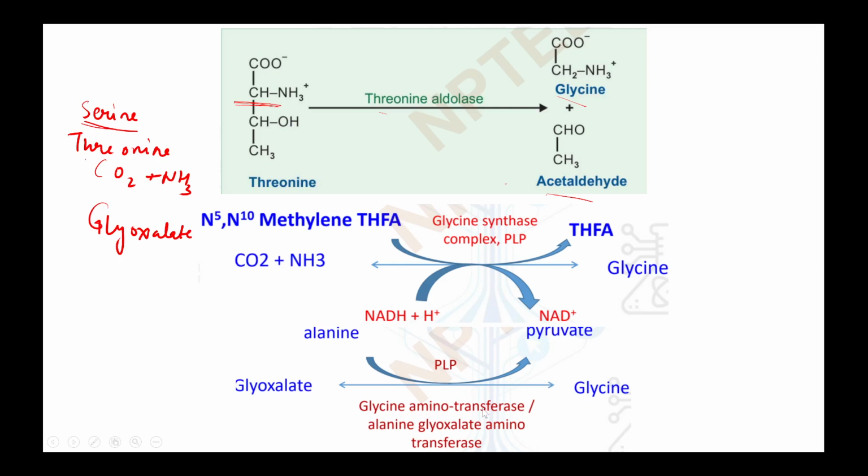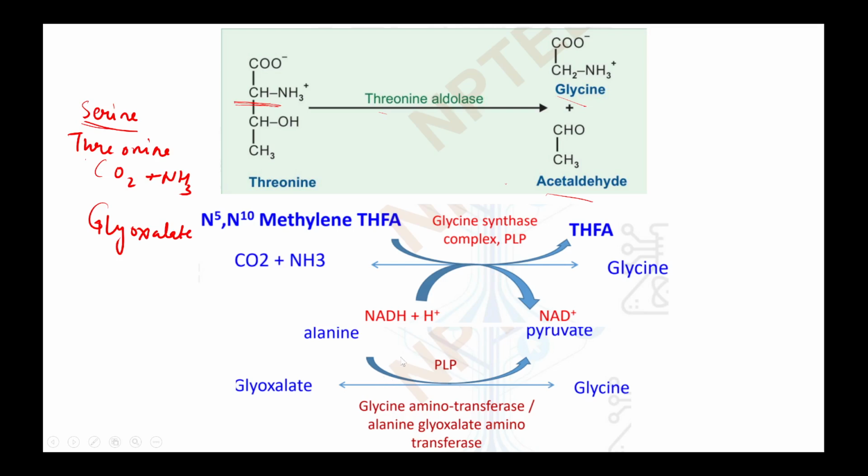This is again a reversible reaction by the enzyme glycine aminotransferase. By the name you can see it's a transamination reaction, right? So the amine group from one amino acid, alanine, will be transferred to glyoxylate to form glycine, and alanine will get converted into pyruvate. So you remember the transamination reaction where an amino group is transferred from an amino acid to a keto acid, and the keto acid becomes one amino acid, and the amino acid gets converted into some other keto acid.